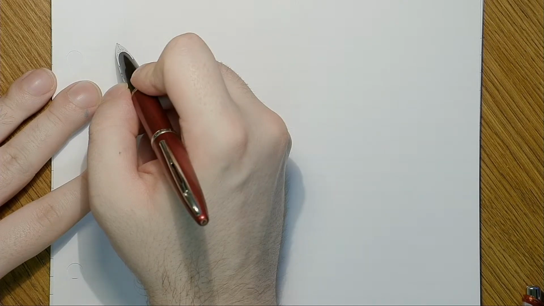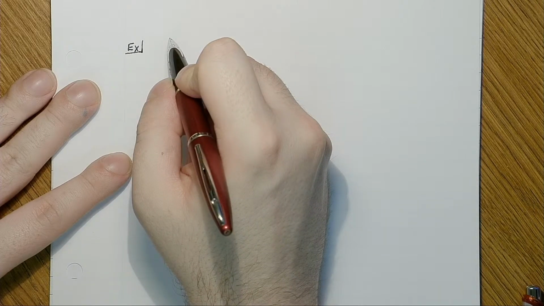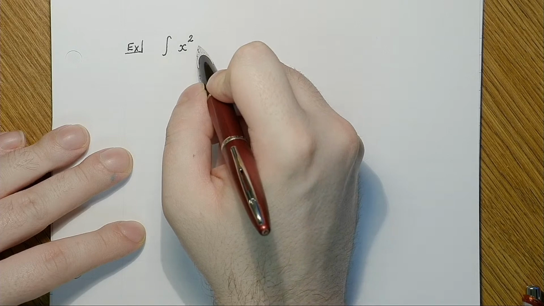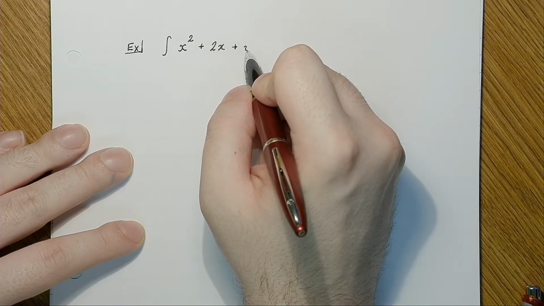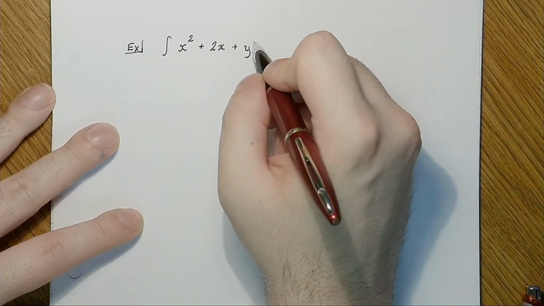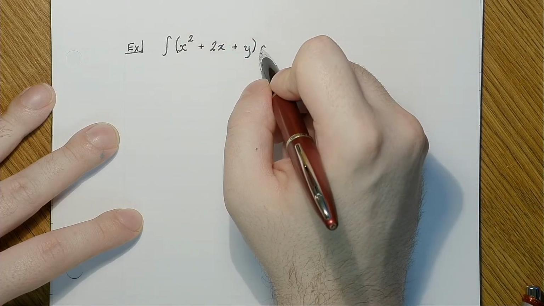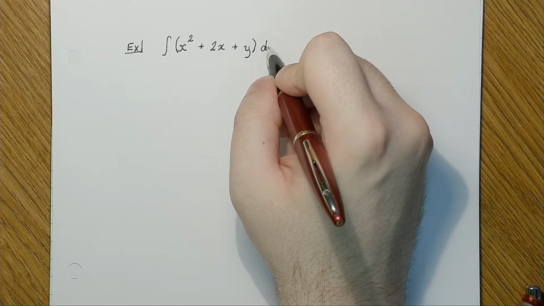So, for instance, if I have this integral, x squared plus 2x plus y, and I'm telling you to take this with respect to x.